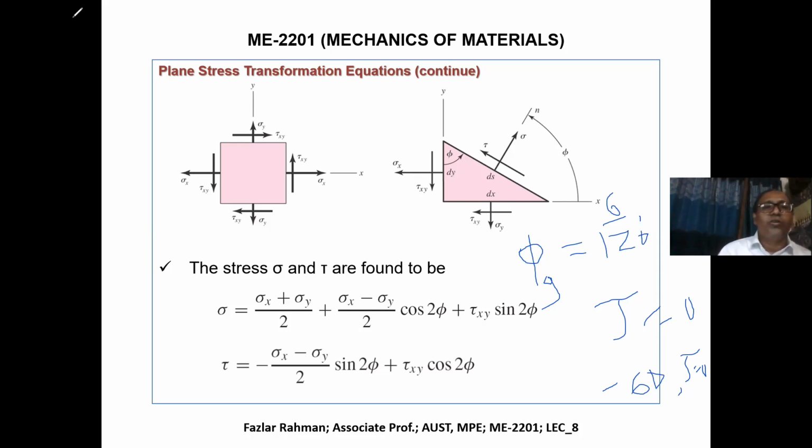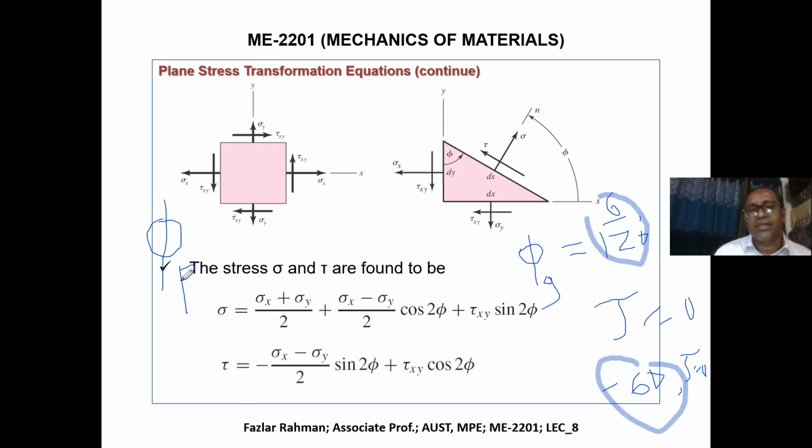So we need to know a formula for the principal plane angle phi. If for phi 9, sigma is maximum and minimum, but in both cases tau is 0, then instead of phi 9, we'll call it phi p. That means this is my principal plane.